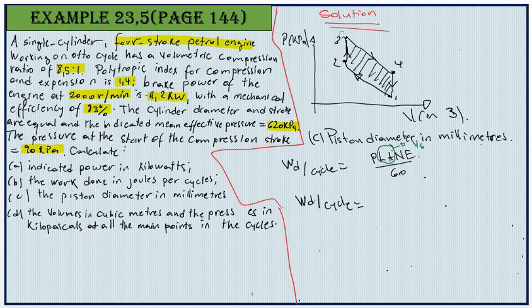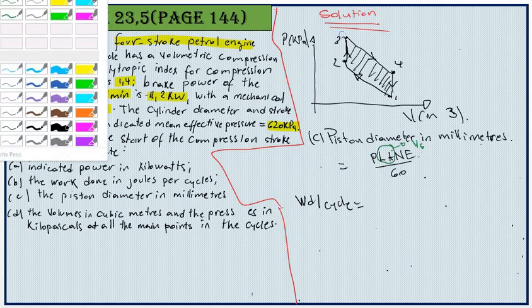This is the relation of the indicated power, not the work done per cycle. So if we have already determined the work done per cycle, then we will be able to find the volume.